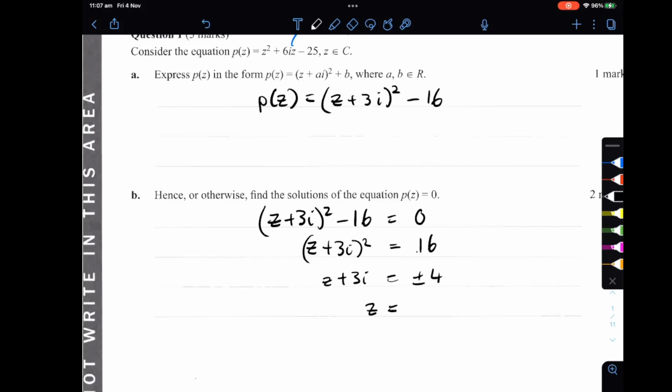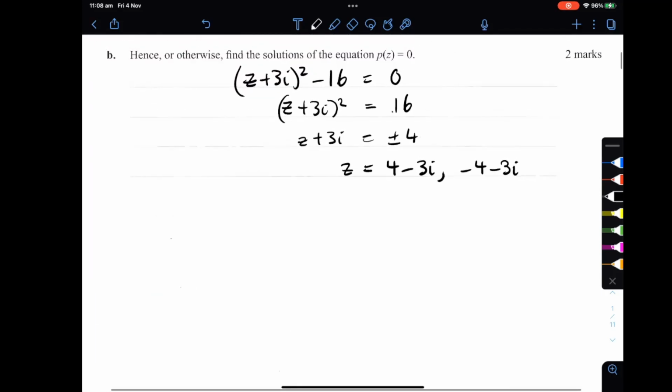So we get z is equal to negative 3i plus or minus 4. Or if you want to rewrite it in a nicer way, we can go 4 minus 3i or negative 4 minus 3i, if you want to be nicer in terms of the complex form. Okay, so that's that.